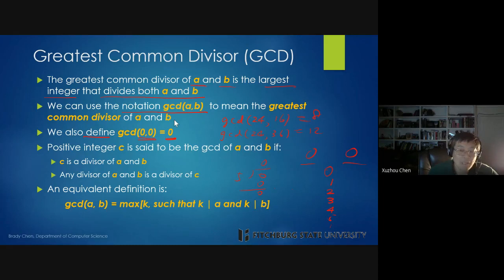If you think of what's the greatest common divisor, it is infinity. You cannot find a largest one. There's always a larger one. So that's the reason why in math, we just say there's uncertainty. So we have to define the greatest common divisor between 0 and 0 as 0. So by definition.